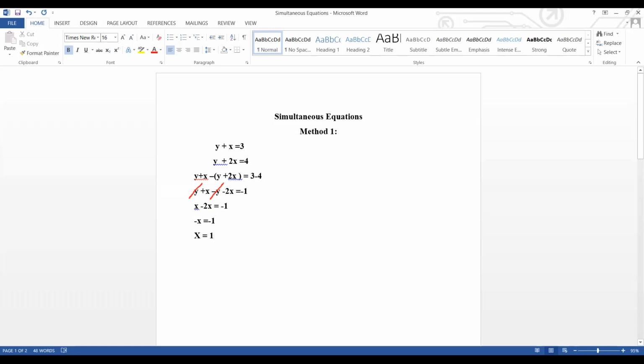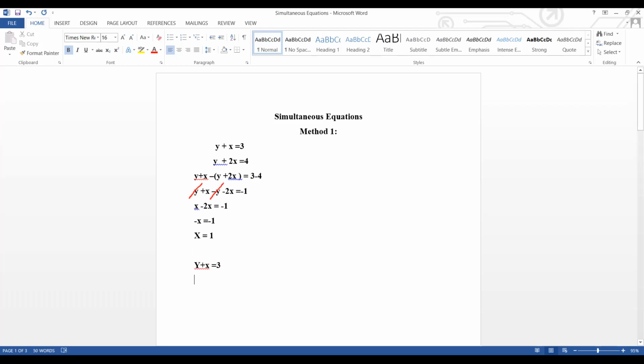So now we know we got two equations. We have to find the value for these two unknown terms. Now we found the answer for x. Now I have to find the value for y. Either I can take my first equation or I can take my second equation. I will take my first equation. y plus x equals 3.